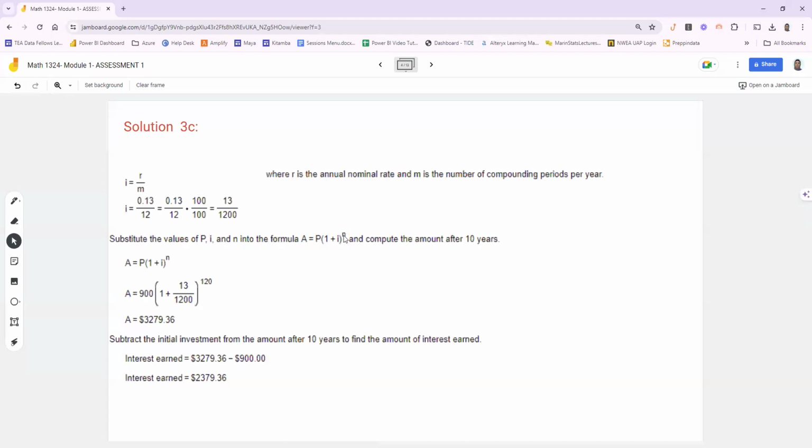Now, n is, because your m is 12 and you have 10 years, 12 times 10 is 120. That will be the power. And this is how much money you will be receiving after 10 years with this setup. And then if you subtract your original 900, you can find how much interest you made with this setup.